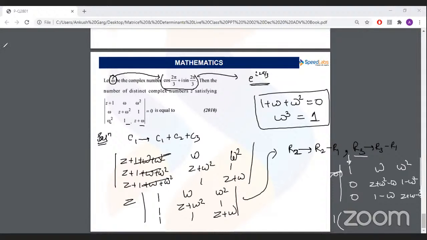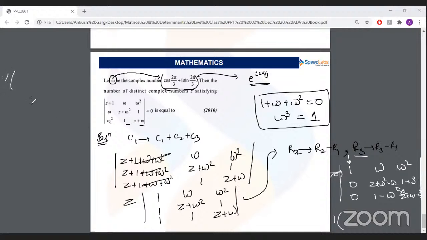Okay, let's do this only. If you just expand it directly, most of the terms cancel out. Yeah, let's just simply expand it.